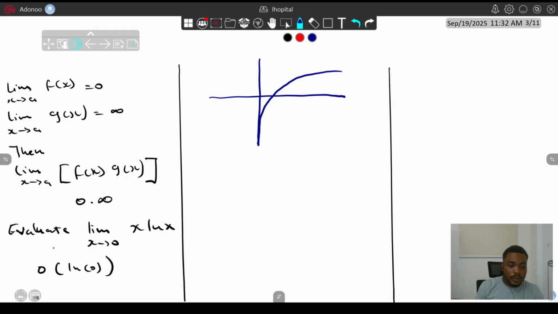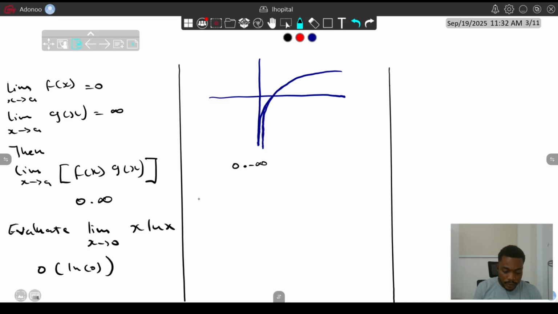So you realize that as the value of x approaches 0, it approaches negative infinity, right? So we are going to have the limit point of the form 0 times negative infinity. So how do we deal with such a problem, right?